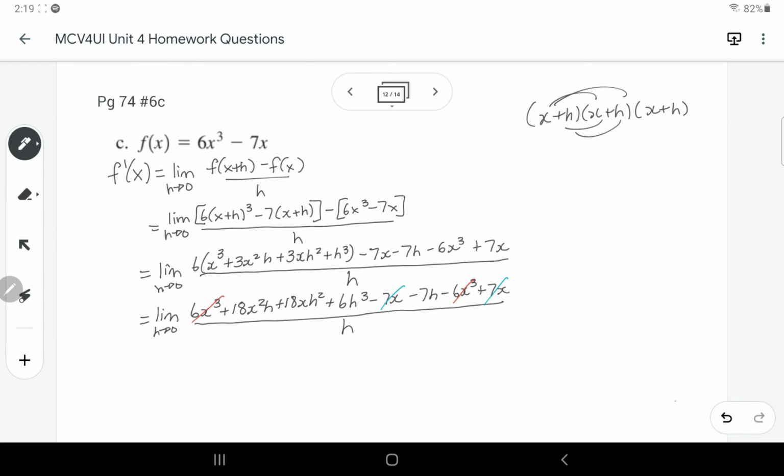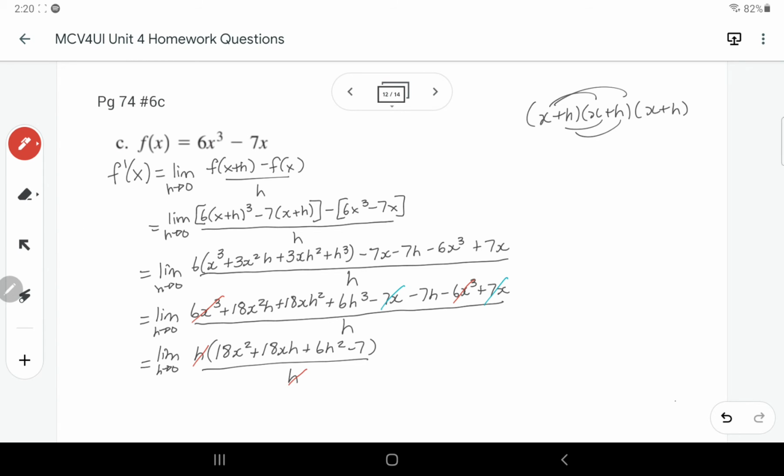So I am going to common factor the stuff that's left on the top. They all have an h. So then I would get 18x squared plus 18xh plus 6h squared minus 7 all over h.